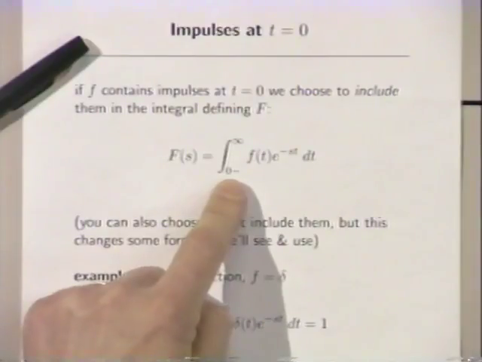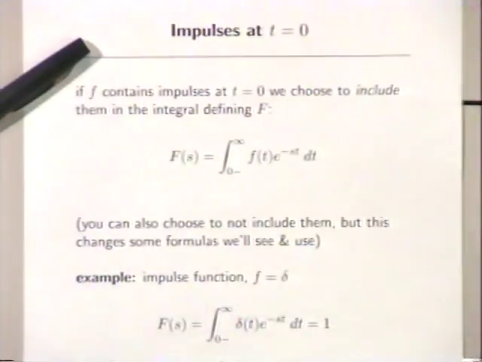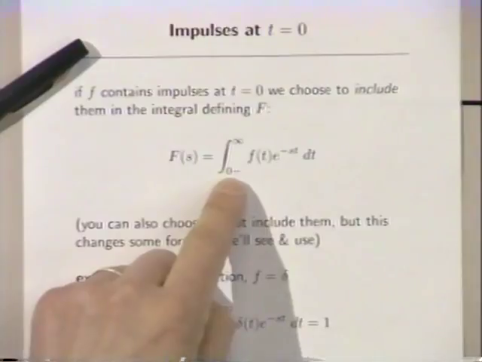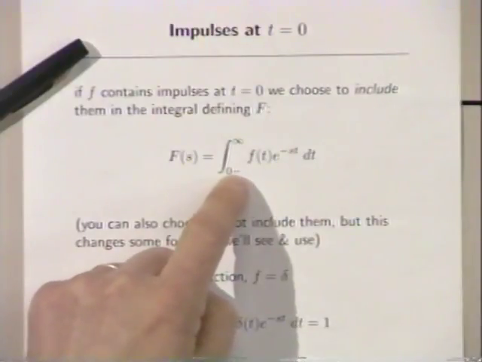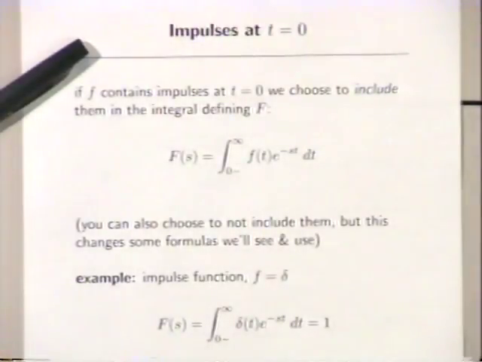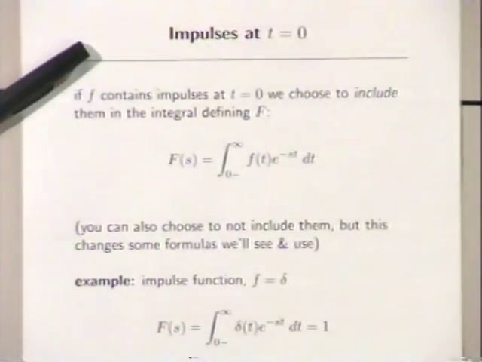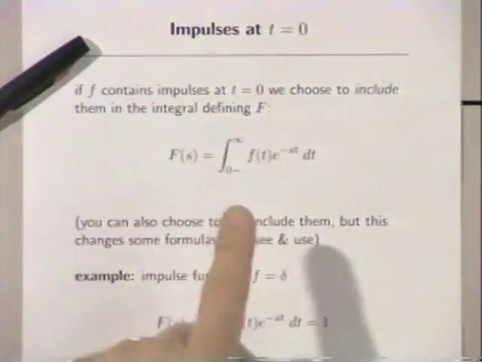This takes into account any impulse that occurs at t equals 0. So that's how that works. That's what we're going to do. Now the problem is, it means you have to kind of be on your toes. You can't mix and match these things and decide all the formulas. We have to be very careful about this. You have to be very careful about what happens when you have an impulse at the 0.